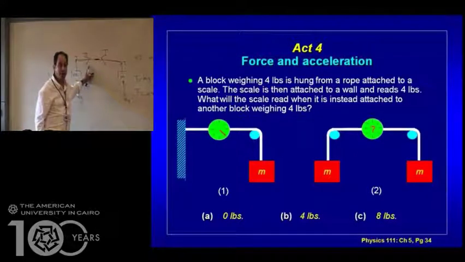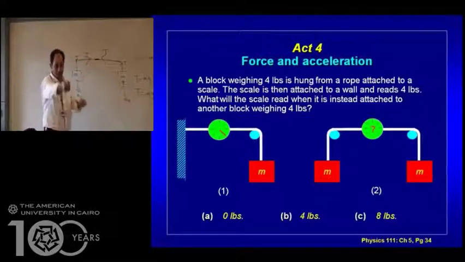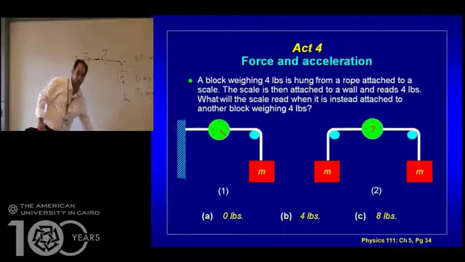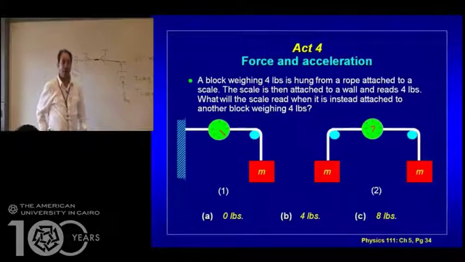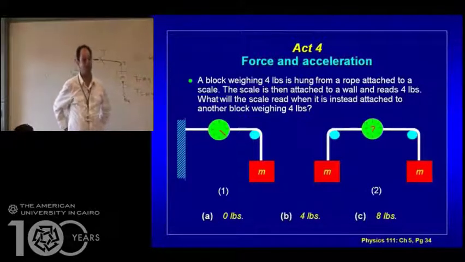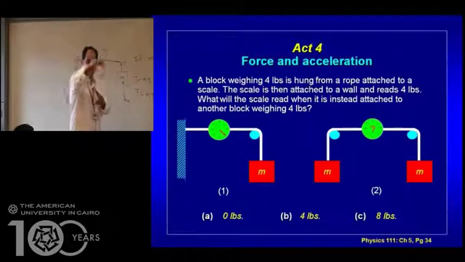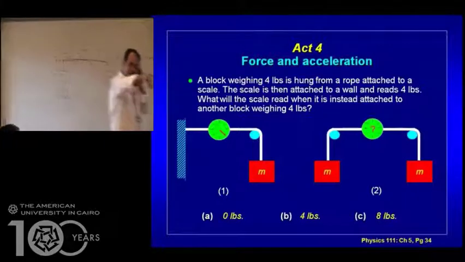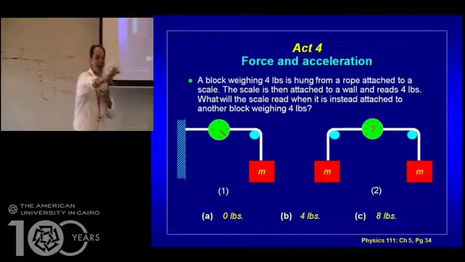Farida, if I'm pulling you with a wire, and you're pulling me with the same wire, and there is no motion, I'm pulling you with exactly the same force, and you're pulling me with exactly the same force. Okay? And along the wire, at Amira's location, we're going to color Amira.